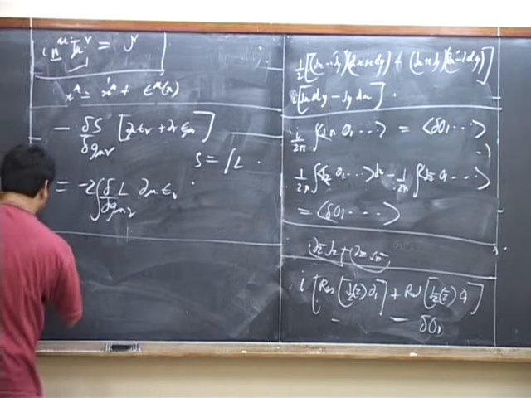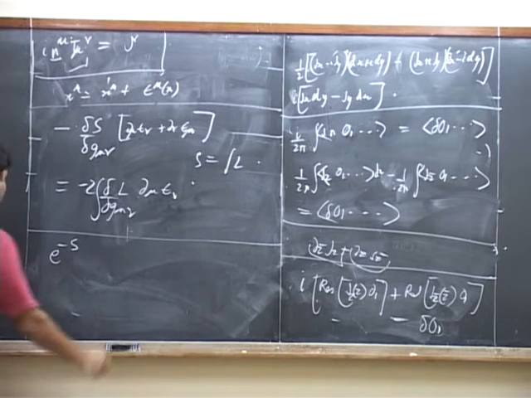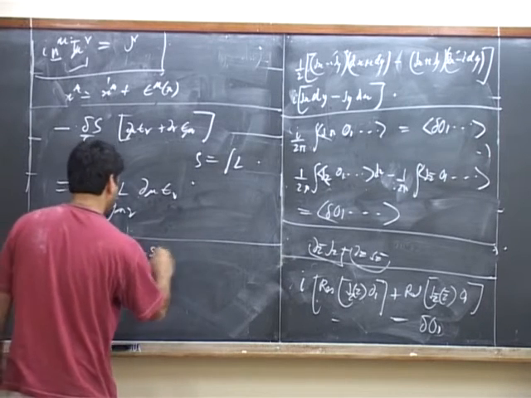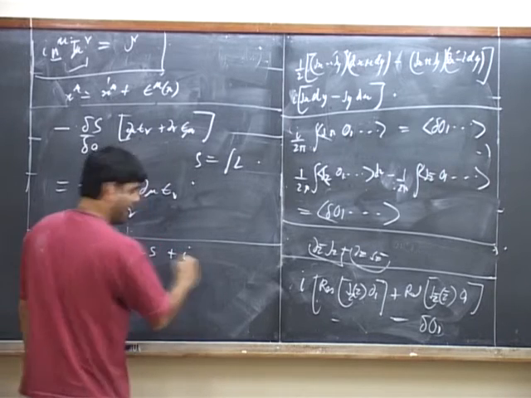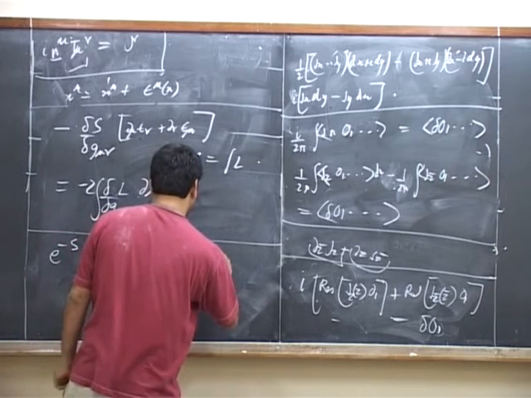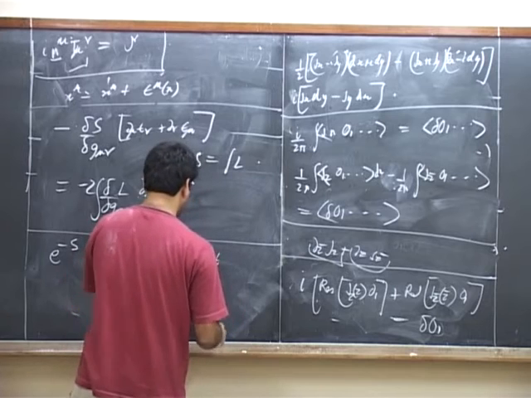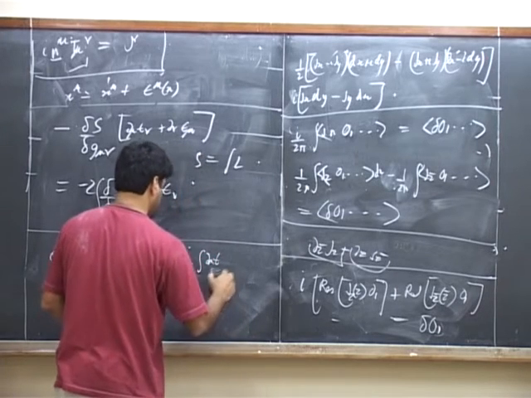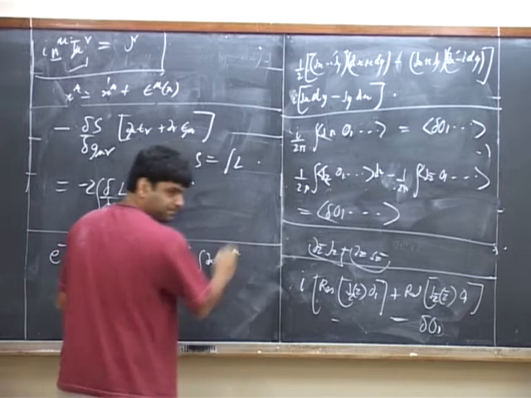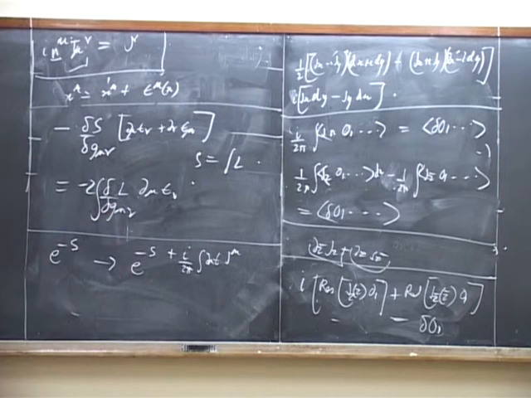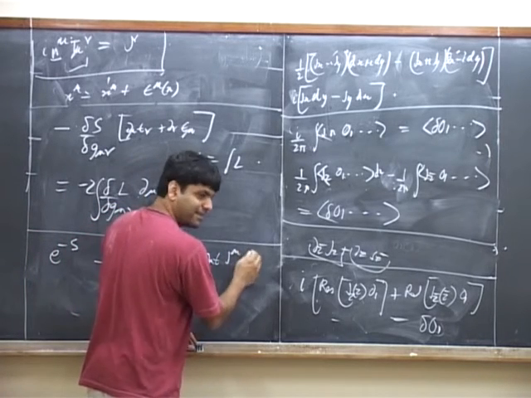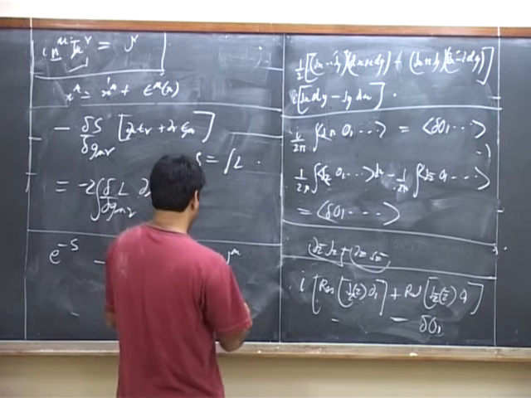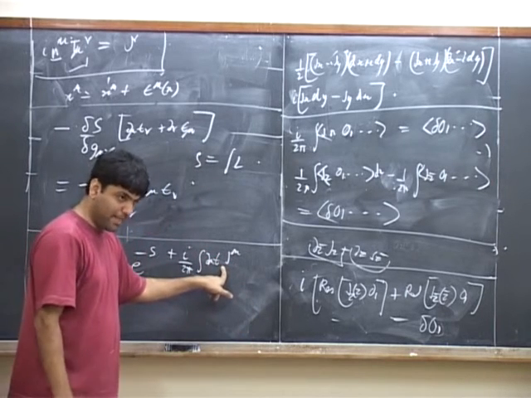We said that we'd start with e to the power minus S, and that goes to e to the power minus S plus i by 2 pi del mu epsilon times J, for any current. This is true for any current.